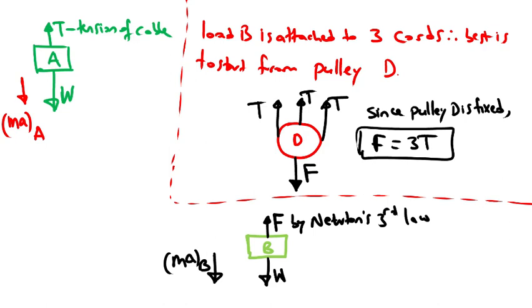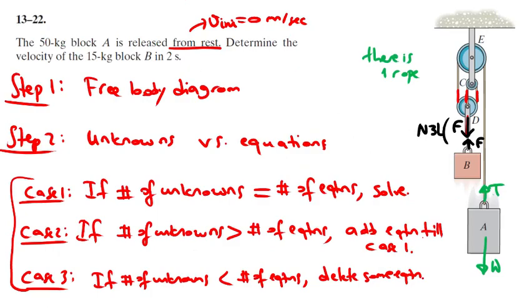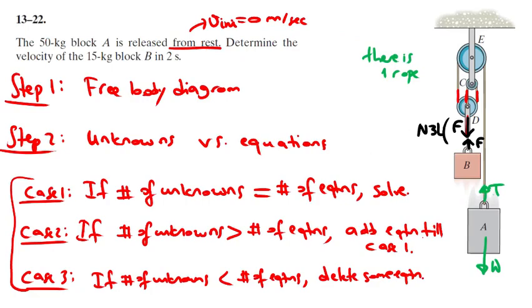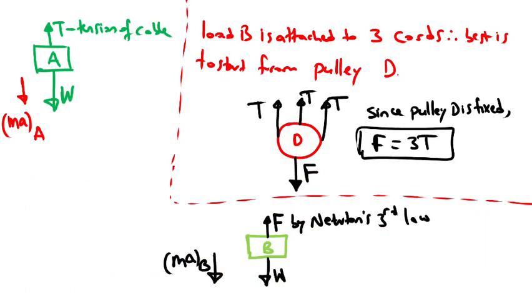Okay, this is the free body diagram. Now it is time to write the equations, which is step 2, and then look for the unknowns versus the number of equations, and balance them. Let's start from A. First, let's select the axis.